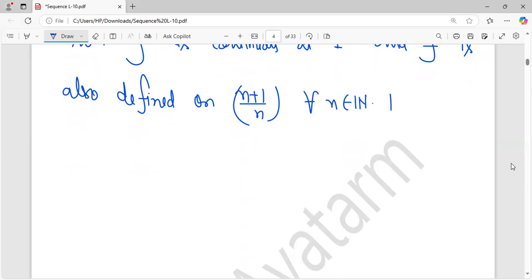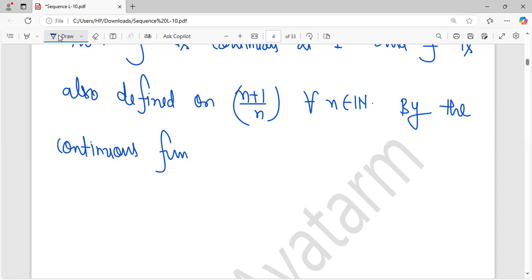Then, by the continuous function theorem for sequences, what do we get?